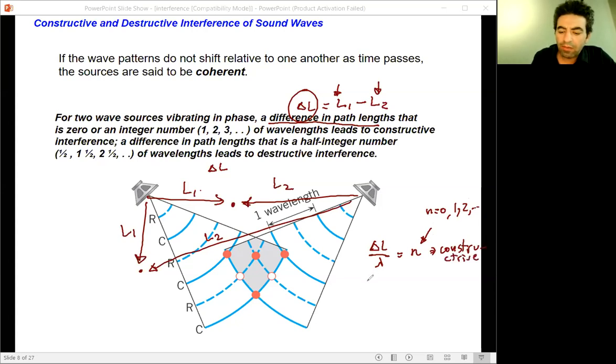And if the difference in path length compared to the wavelength is n plus a half, where n again could be 0, 1, 2, etc., then that's called destructive interference.